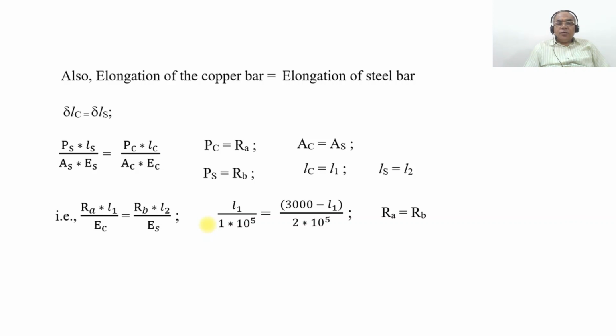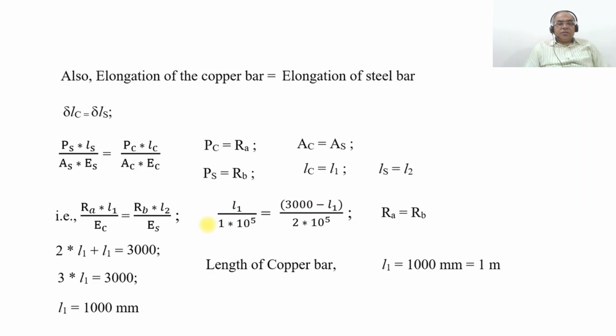Since RA is equal to RB, on simplification 2 into L1 plus L1 is equal to 3000. So 3L1 is 3000, and naturally L1 becomes 1000 mm. The length of the copper bar is L1, which is 1000 mm, and the length of the steel bar is 2000 mm. This is how you find the length of each bar.